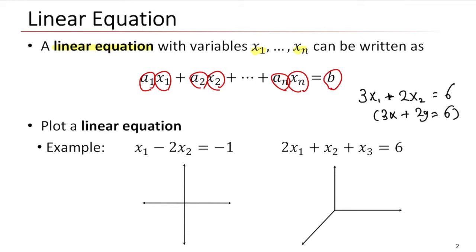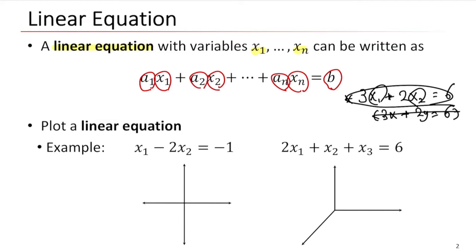But in this course, we will use this notation because we can deal with many variables like x1, x2, x6, x16. So this notation is much preferred over that one. So these are examples of linear equations.